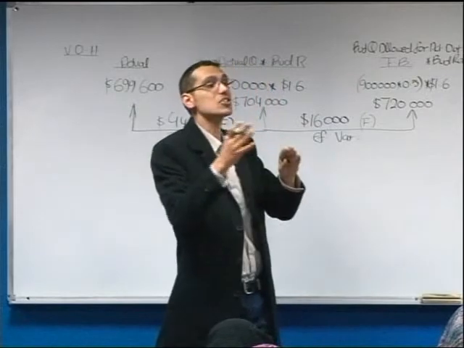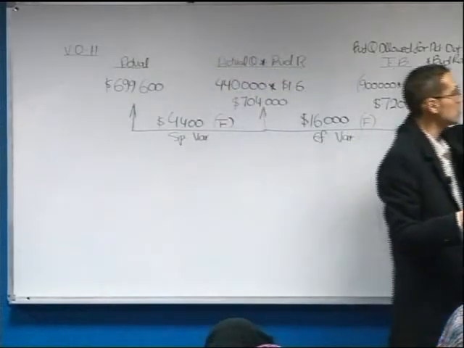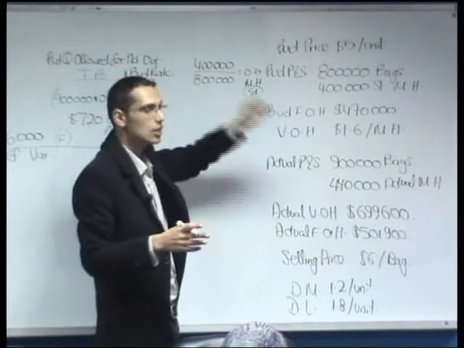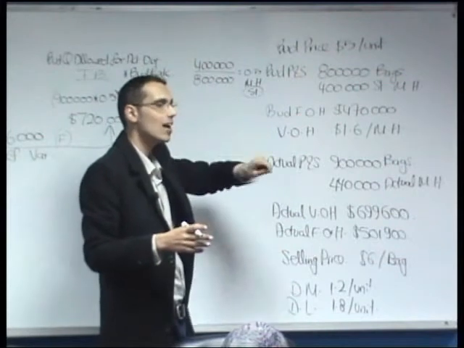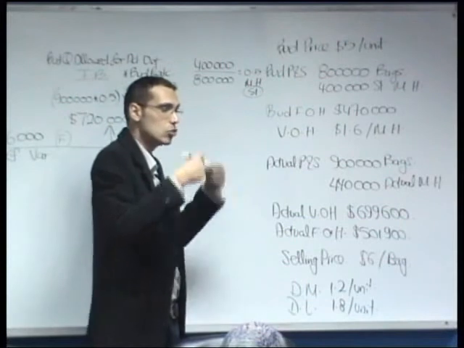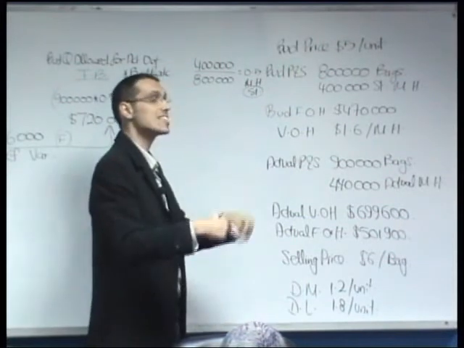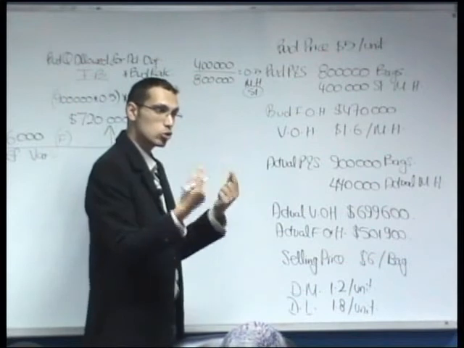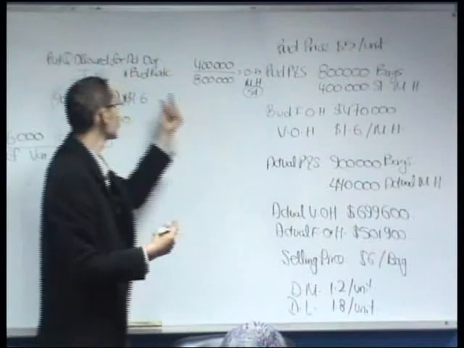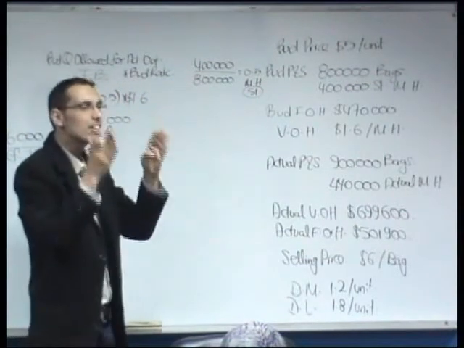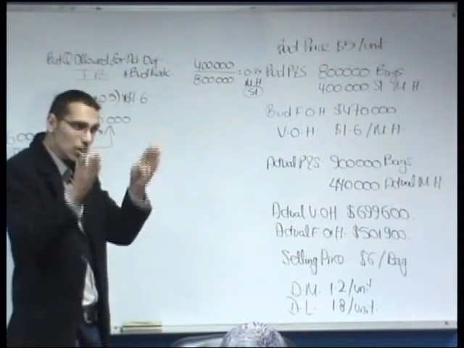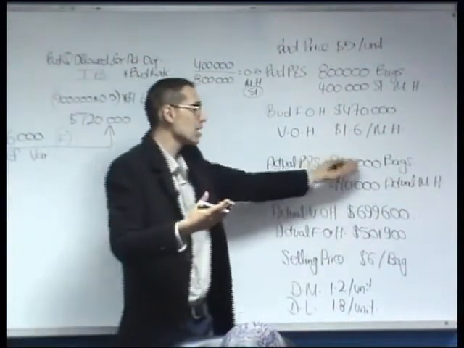Of course, according to our standard, each unit needs 0.5 machine hours to be produced. Therefore, the 900,000 multiplied by the 0.5 would give us the budgeted quantity, or the standard machine hours that should be used in order to produce the 900,000 bags.